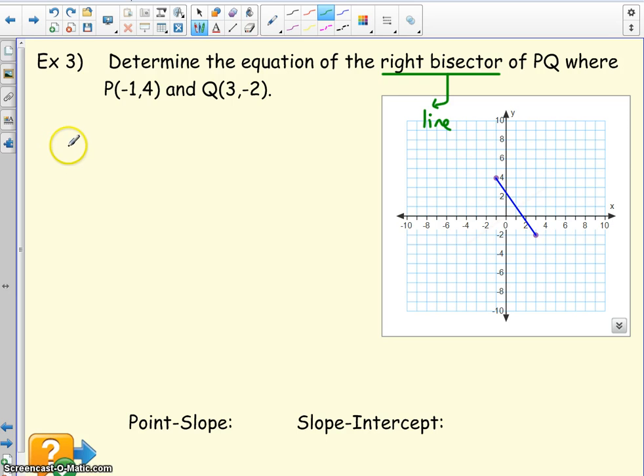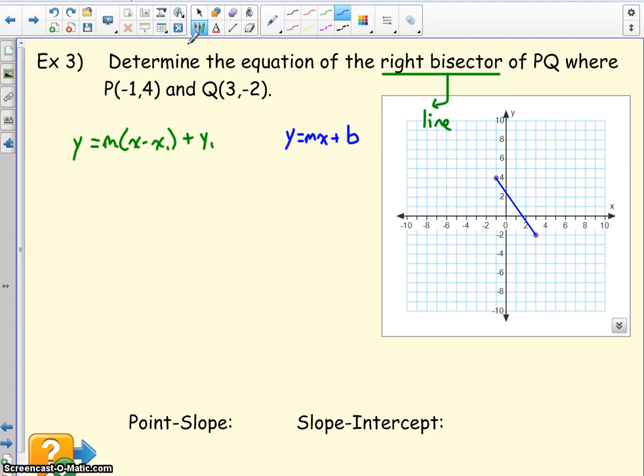So if you're going to use point slope form, it's going to look like y equals m(x minus x1) plus y1, where m is your slope, x1, y1 is any point anywhere on the line. If you're going to use slope intercept form, it's got to be y equals mx plus b. I'm going to recommend you use whatever's faster, which most of the time will be point slope form.